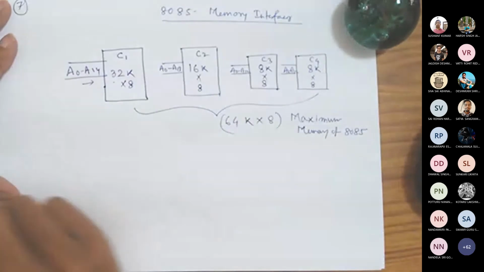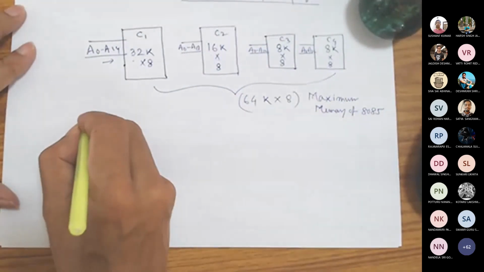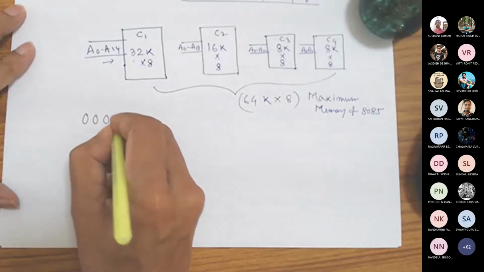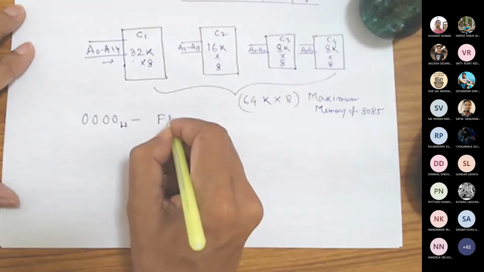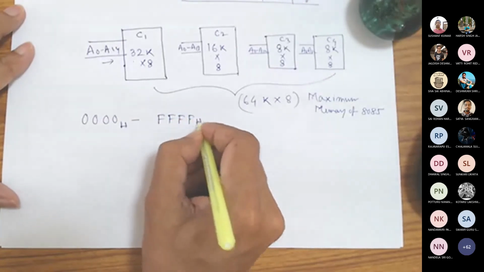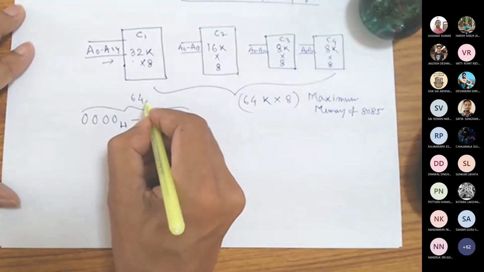Now I need to decide what will be the mapping of this, because our entire space is 0000 hexadecimal to FFFF hexadecimal. This is the entire space of the memory. This is 64K.